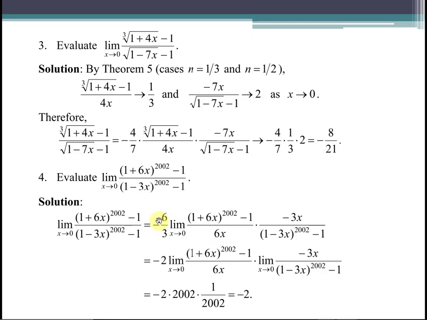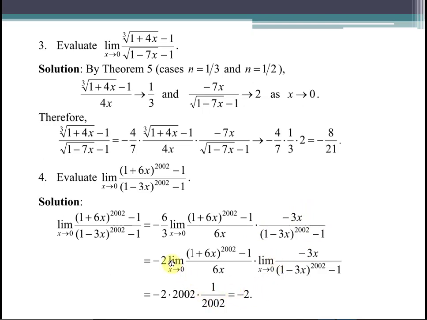That's why we multiply and divide by 6x one more time, and in the same situation with minus 3x we multiply and divide by minus 3x. The limit goes to 2002 and the other goes to 1 over 2002, because it is the inverse with the formula.